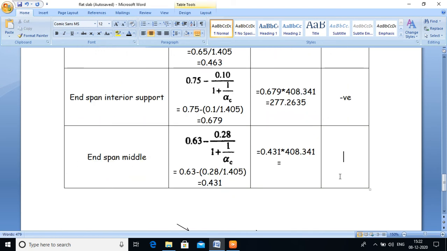Okay, now the last moment is the end span middle moment. So this is the formula for the coefficient given by the direct design method, IS 456:2000.